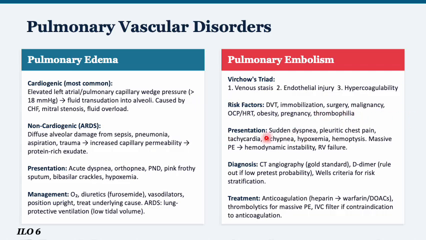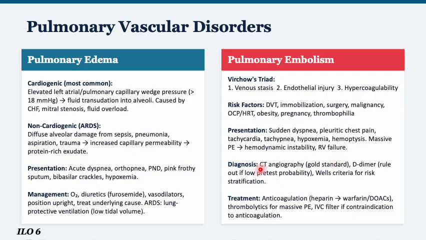Presentation, sudden dyspnea, patients will notice also pleuritic chest pain, may have tachycardia, tachypnea, hypoxemia, and hemoptysis. If it's a massive PE, patients will be hemodynamically unstable, and they could go into right ventricle failure.